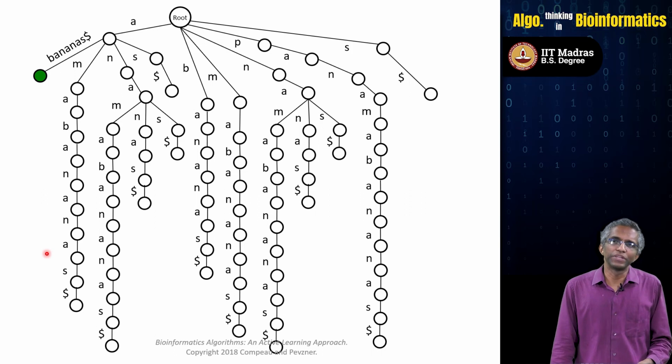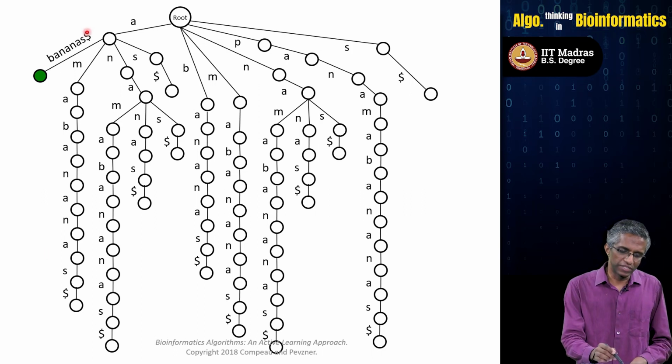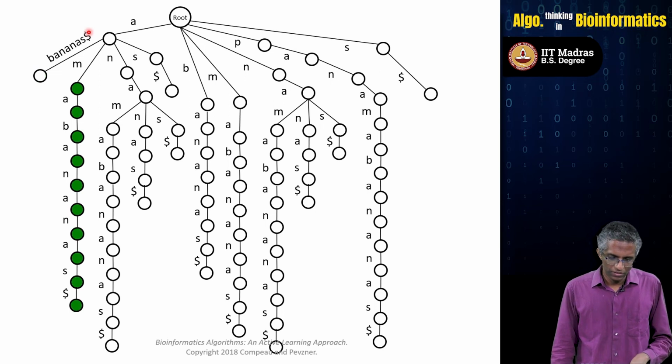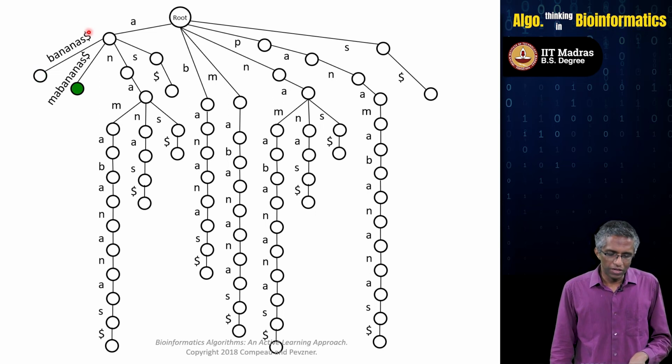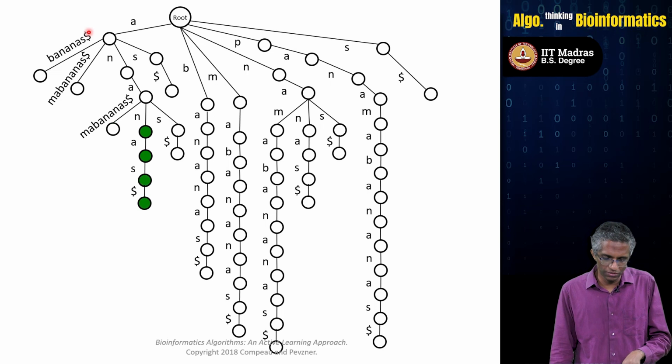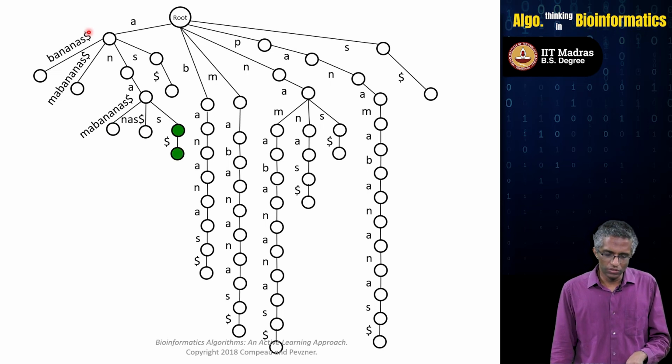So all of that you can just represent as bananas dollar. Similarly, this non-branching path, you can call ma bananas dollar, and so on. This is going to be ma bananas dollar, nas dollar, s dollar, and this will be na.